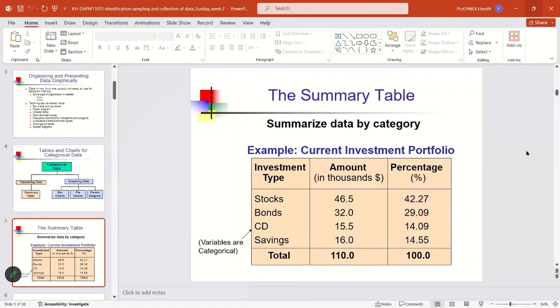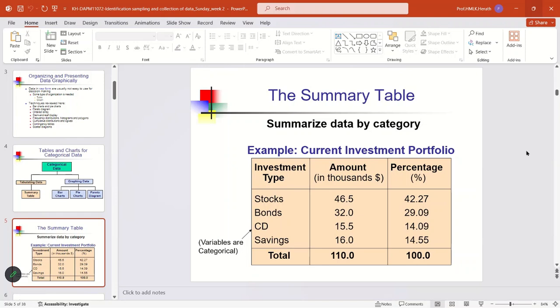So these are the different types where people invest money. They are a categorical variable. Then we can present the investment by categorical variable: what would be the amount that people have invested by different types of investments, and what would be the percentage of investment?